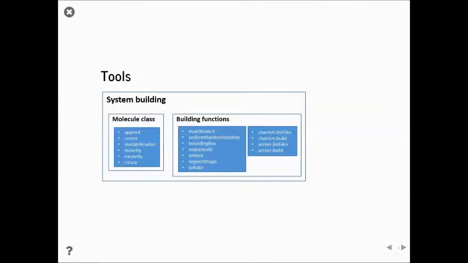The bounding box, which takes a selection of atoms and tells you the tightest box that you can fit around it. The sequence ID we will not look at so much. The embed function, which is very useful if you want to embed, for example, a protein into a membrane. The segment gaps, which detects the gaps inside the molecule when there is a change in the resid, for example. Then solvate, which we will use to make a solvation box, and the charmm and amber functions, which are used for building.